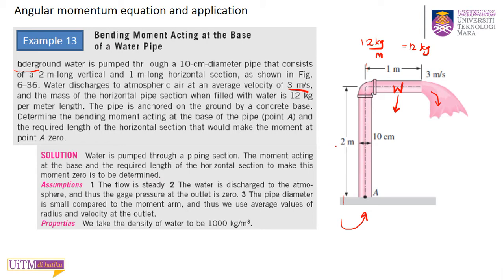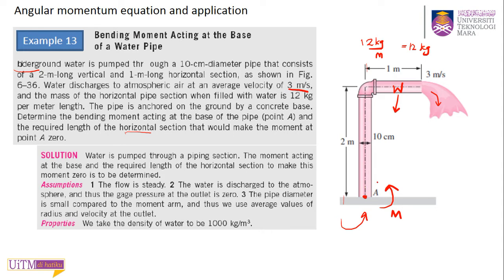Determine the bending moment. They ask you to find the bending moment acting at the base, this is your base. They ask you to find the moment, whether counterclockwise or clockwise depends on your value after this. They ask you to find the bending moment acting at the base of the pipe, point A, and the required length of the horizontal section that would make the moment at point A zero.